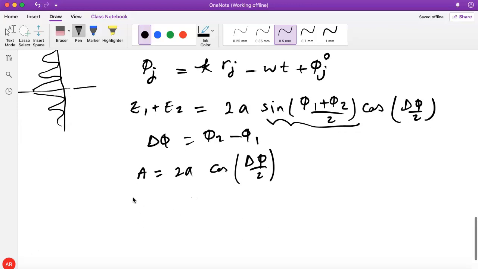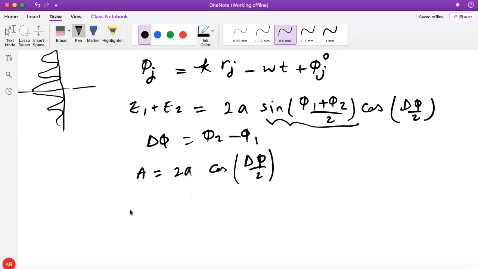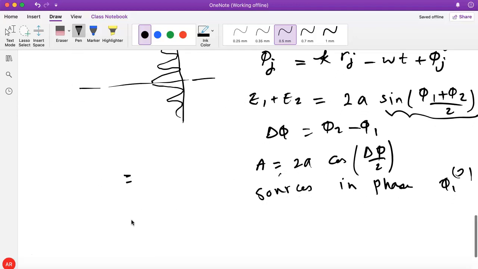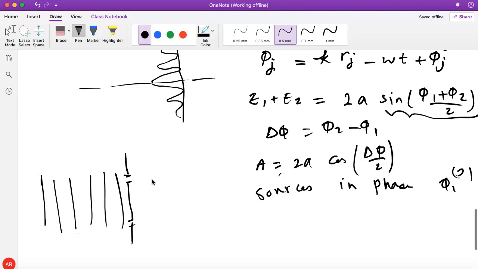So if we consider sources that are in phase, that means phi 1 naught is equal to phi 2 naught, right? So if you have two slits here and here, and you just shine one laser on both of them, there's not going to be any phase difference between the two, right?